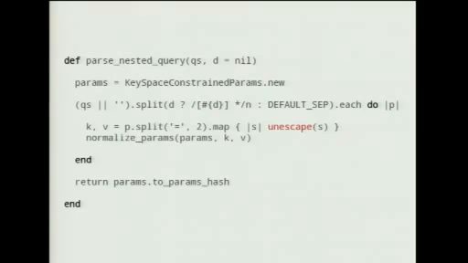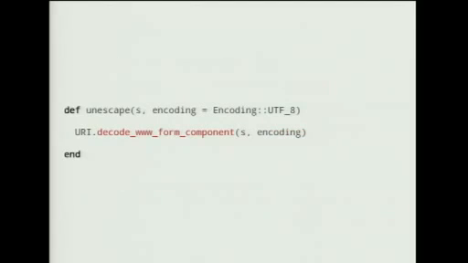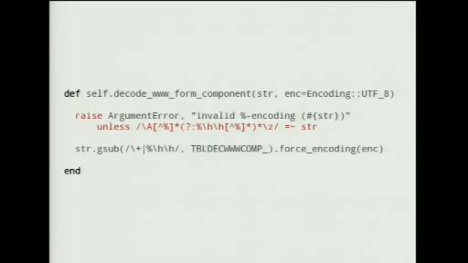What happens here is the key value pairs are split, and then since we use form encoding, they need to be unescaped. So there could be some form encoded things with % and hex characters, and this is what happened. You can see it raises an error if the data doesn't comply with this regular expression.